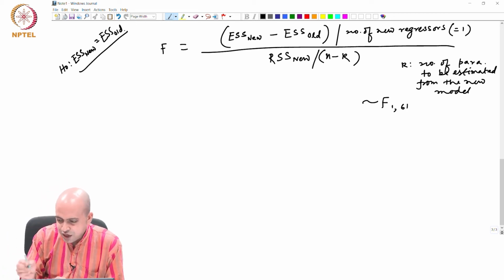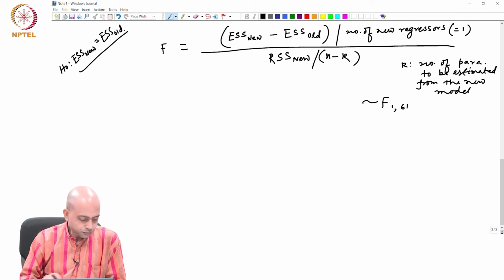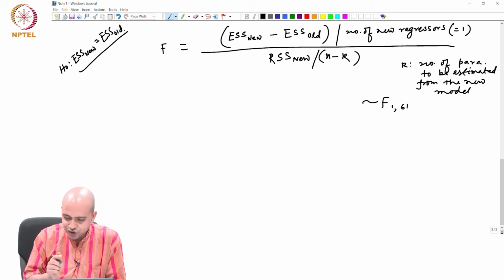And this same expression we can write in terms of R square also.